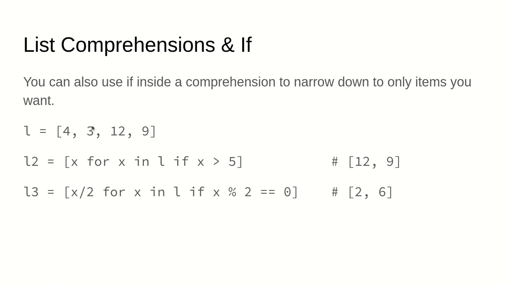Then we hit where x is 12. We see that 12 is greater than 5, and so we keep it. That x goes into our result list. Then x becomes 9. We see that 9 is greater than 5, so that x stays in our result list. And this has filtered our list down only to the numbers that are large enough for whatever our purpose is.